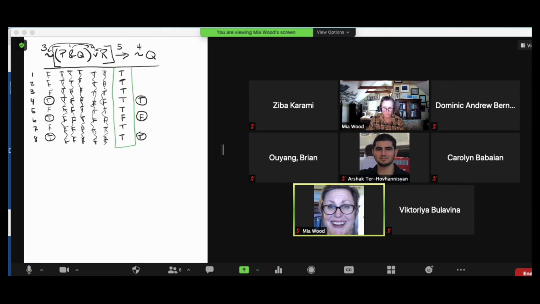So let's go ahead and pick that up. Let's look at some equivalences. I'm just repeating one that we worked on Tuesday, as a reminder.